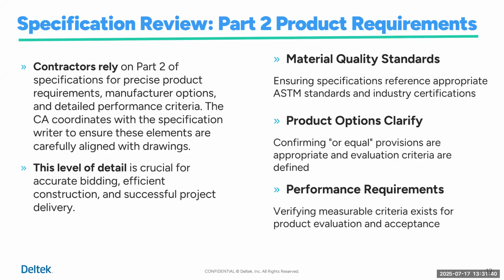Contractors rely on part two of the specs for the precise product requirements, the manufacturer's options, as well as performance criteria. The CA coordinates with the specification writer to ensure these elements are carefully aligned with the drawings.